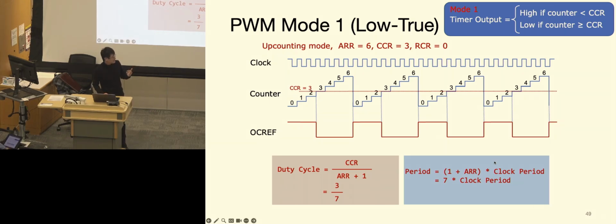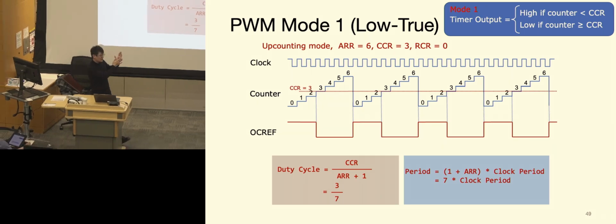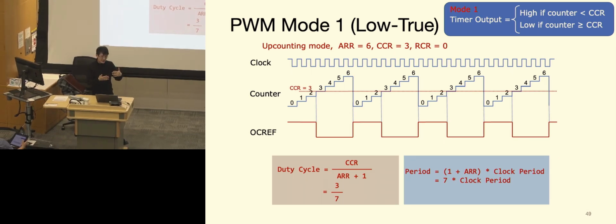In practice, you might wonder why we have two things for these. Because in practice, the period is set once, and you usually don't change it after you set it for that PWM. It's the duty cycle that is much easier to change and also to update. So that's usually what we use to change the amount of power you want to drive the motor with, or how much you want to turn a servo.